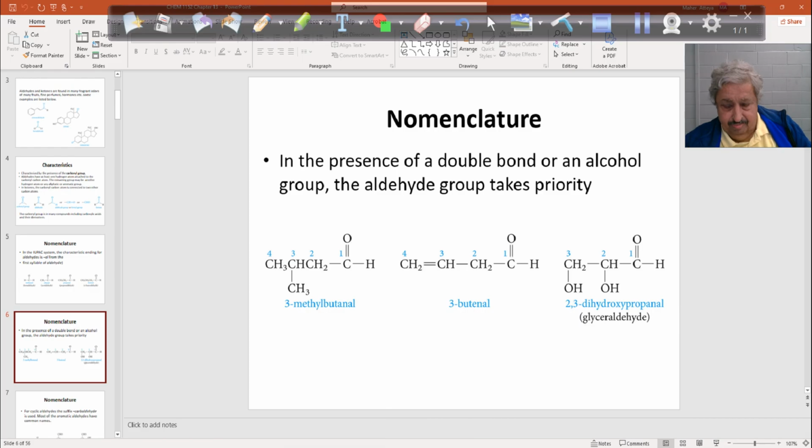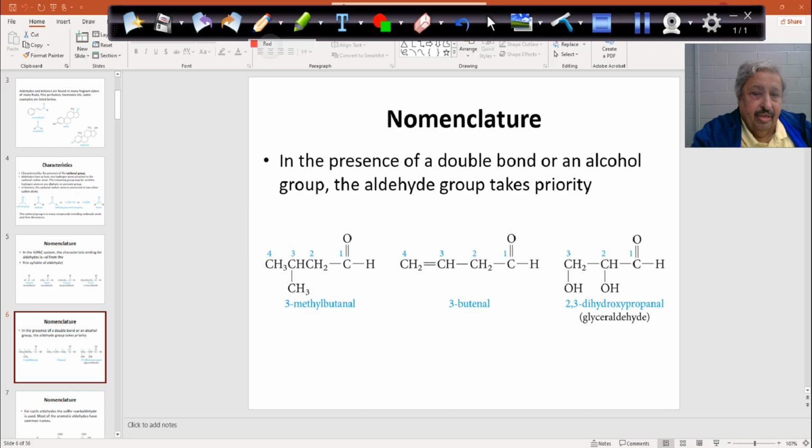Here's the whole thing, what we said. If you have a double bond, for example, or a triple bond, as a matter of fact, you name it as the alkane first, or alkene, or alkyne. Then number 1 is your aldehyde carbon; 2, 3, 4, that's number 4.